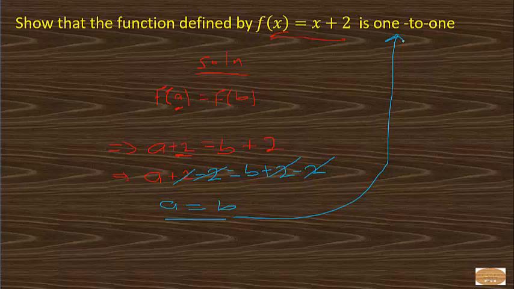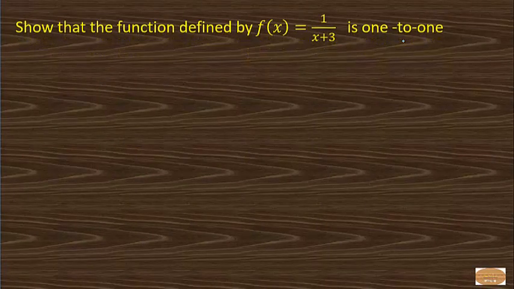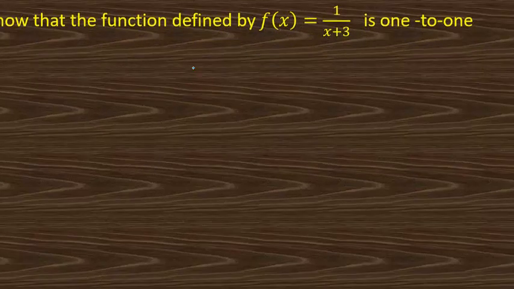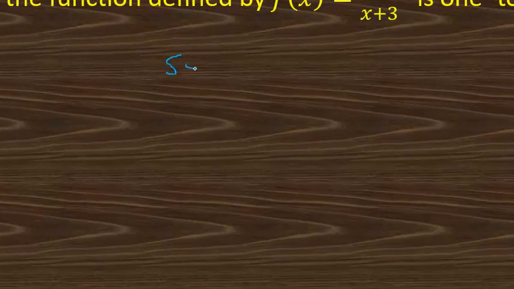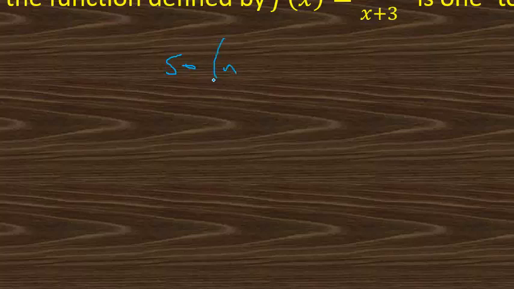Okay, so in example 2, we have this one, f of x, this time we have 1 on x plus 3. So same thing, f of a must be equal to f of b.